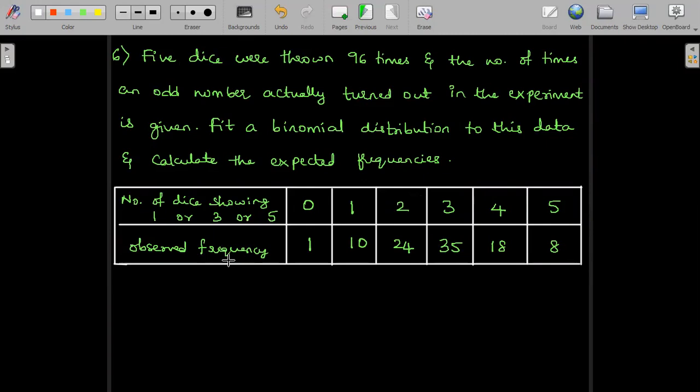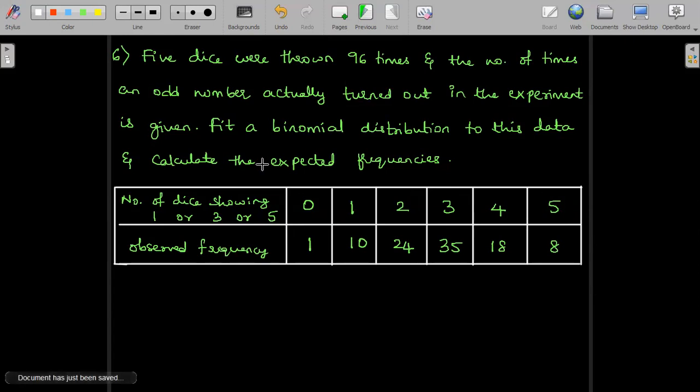Observed frequencies they are. So 3 of the dice out of 5 are showing 1 or 3 or 5 on the top is 35 times. Similarly, 4 dice showing 1 or 3 or 5 is 18 times, and all the 5 dice showing 1 or 3 or 5 is 8 times. So that is the given analysis for us. Okay. Now these are the observed frequencies.